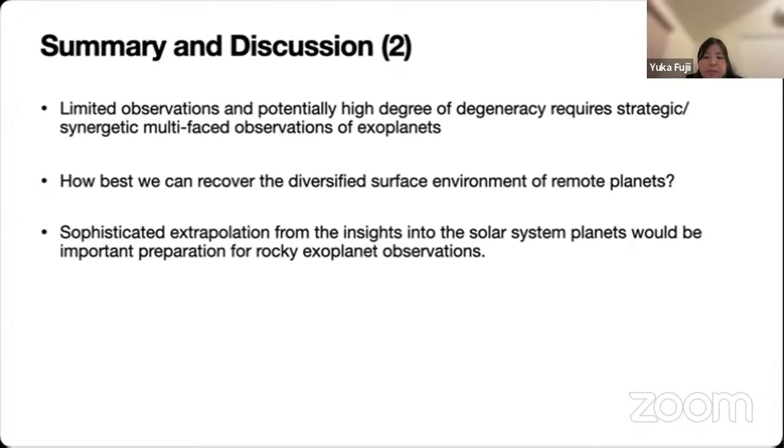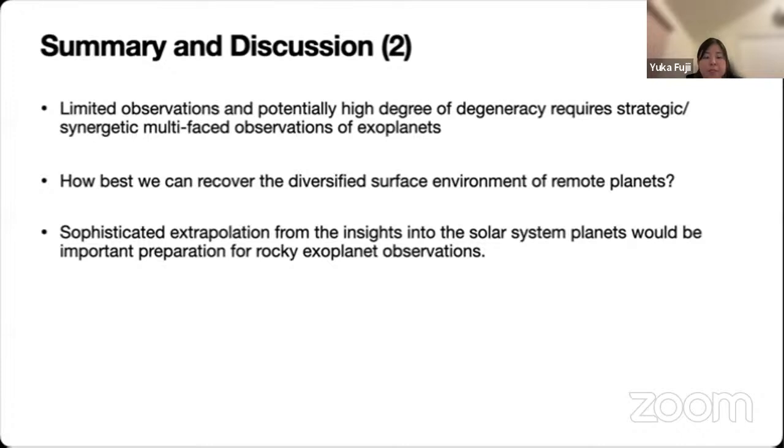But the case would be more severe for rocky planets because there could potentially be a wider variety of atmospheric properties and also evolutionary pathways. So how best we can recover the surface environment of the planet from accumulating multi-angle data is and will remain a key question.